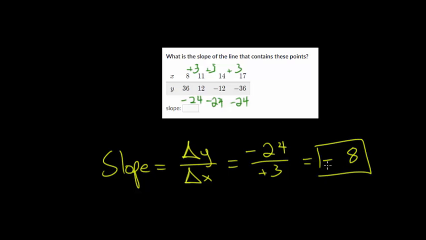So our slope is negative 8, or negative 8 over 1 if you'd prefer. Sometimes writing your slope as a fraction helps because it matches up with the definition of rise over run. So basically this is a very steep downward slope, but every time we go over 1, we go down 8, is essentially what this slope means. So it's very steeply going downwards.